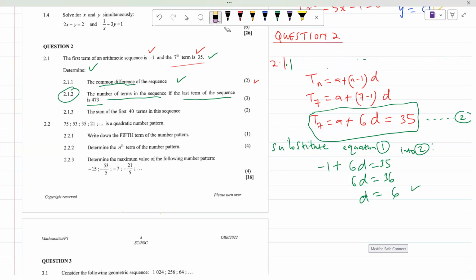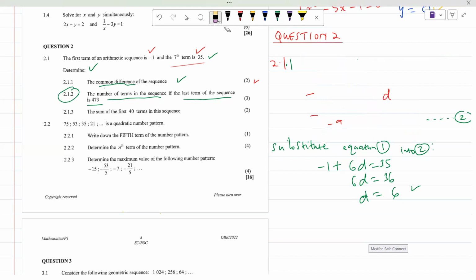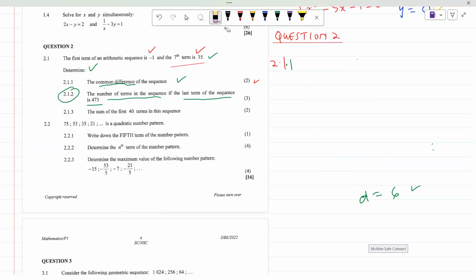So I'm just going to continue. Right, 2.1.2.